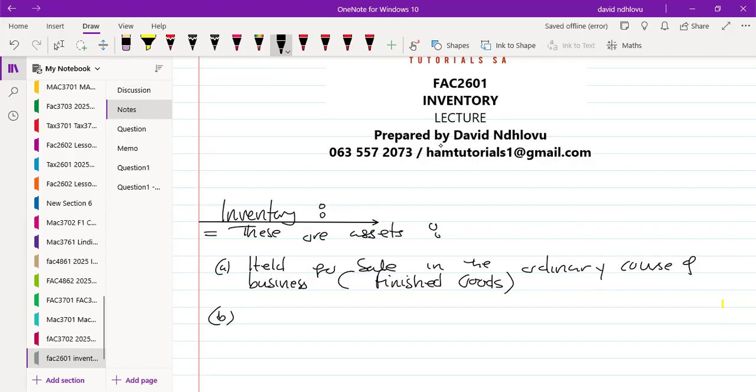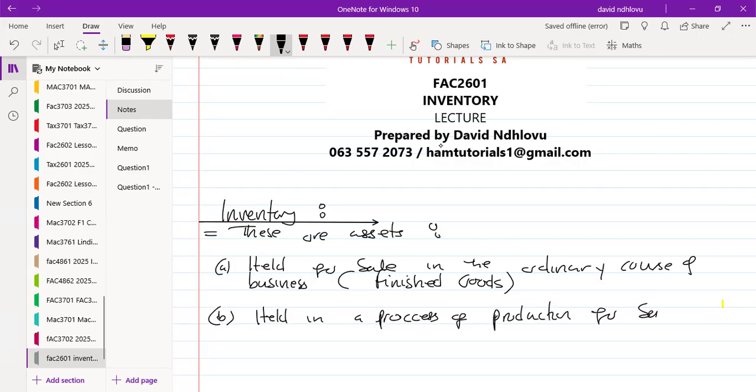However, inventory is not only isolated to goods held for sale. We also have goods held in a process of production.